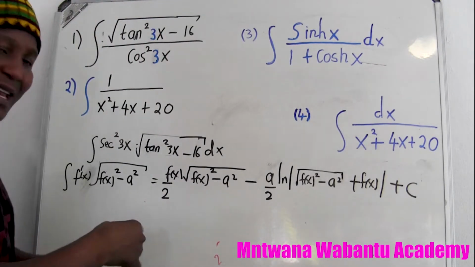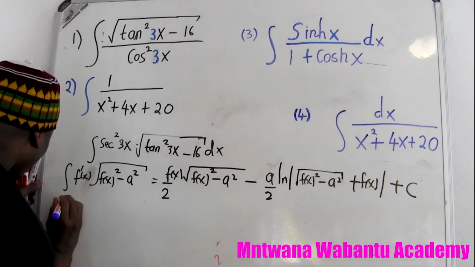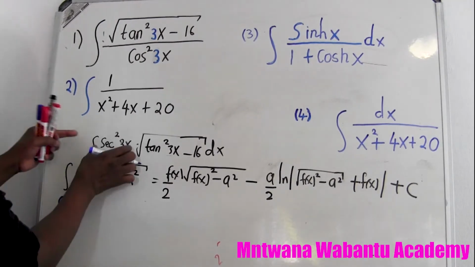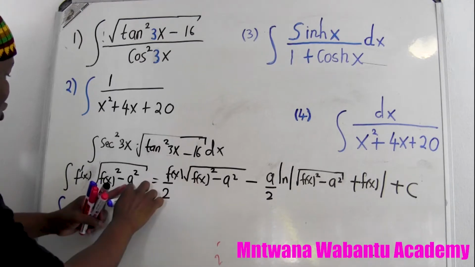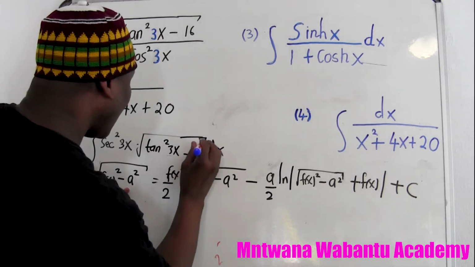Then I can plug in all my values. The integral: f prime is this, f of x is this, minus a squared, which is 4 squared.